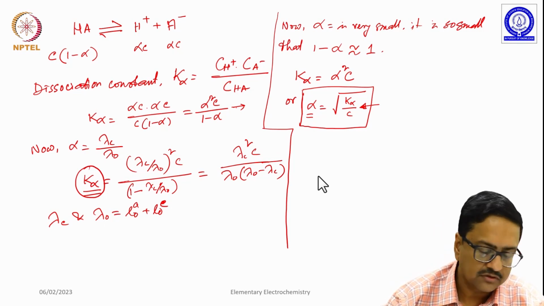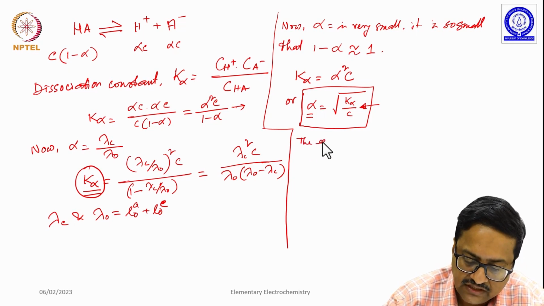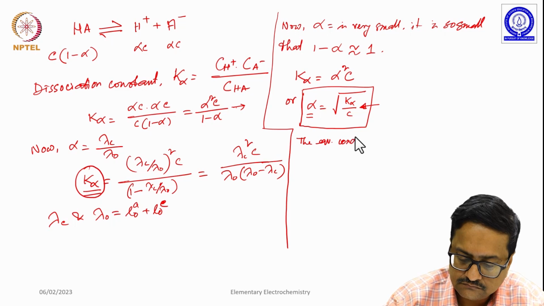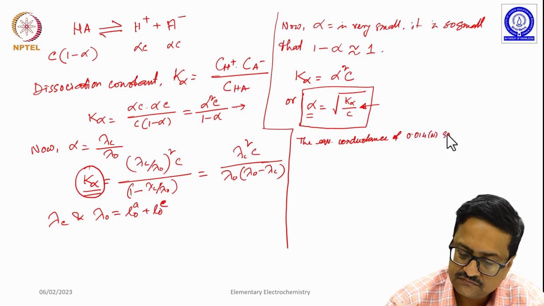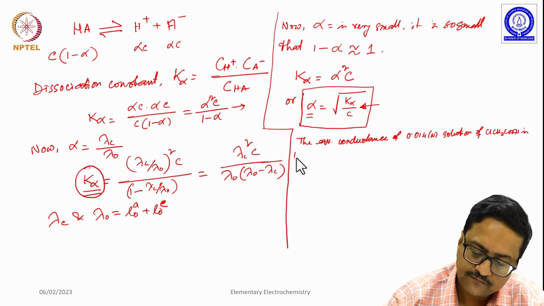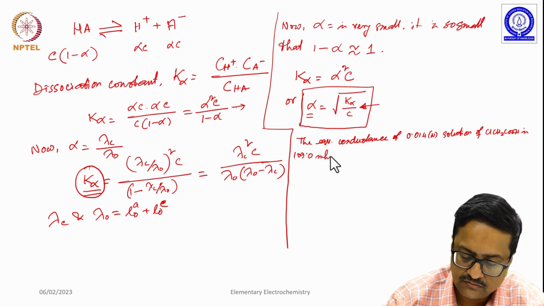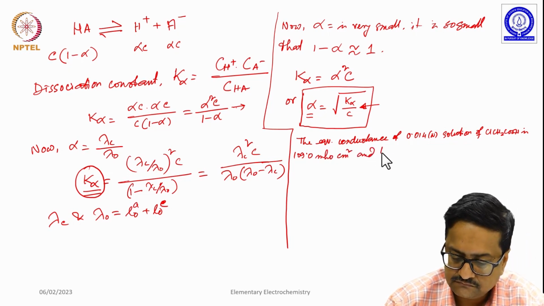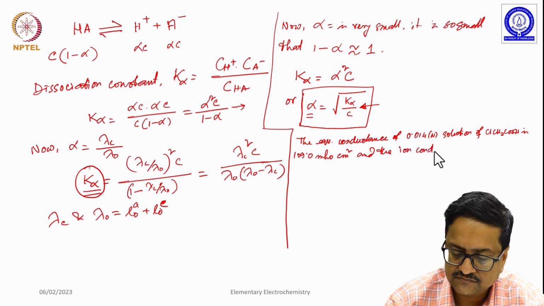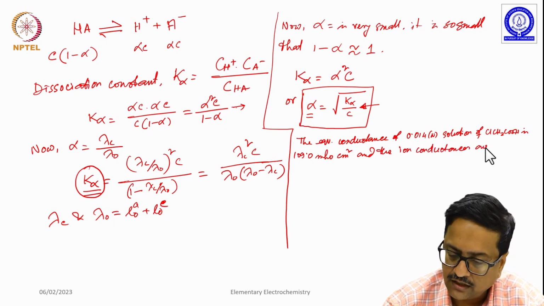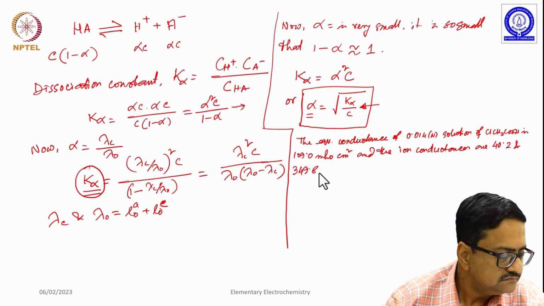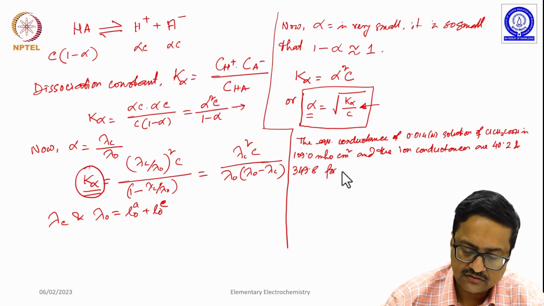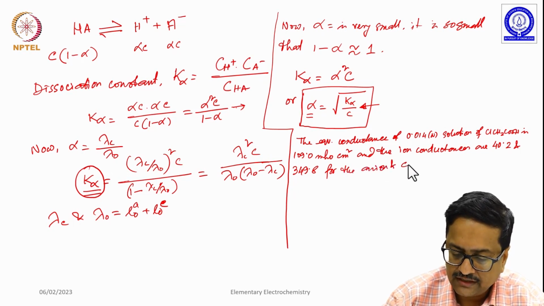So here I am to give you one problem. The equivalent conductance of 0.014 normal solution of chloroacetic acid is 109.0 mho centimeter square per equivalent, and the ion conductances are 40.2 and 349.8 for the anion and cation.